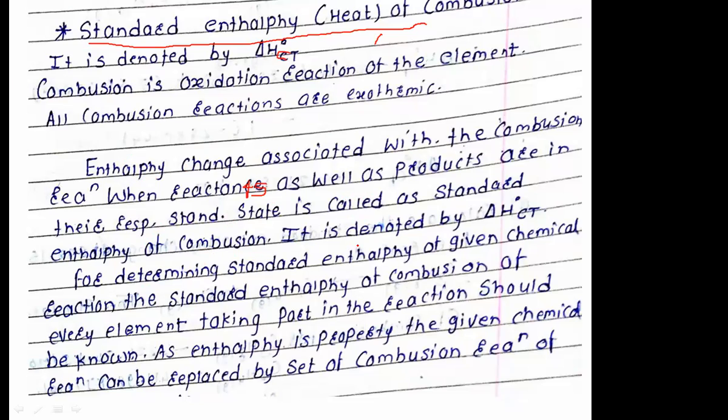It is denoted by delta H standard C. This indicates that everything is in standard state. For determining the standard enthalpy of a given chemical reaction, the standard enthalpy of combustion of every element taking part in the reaction should be known.